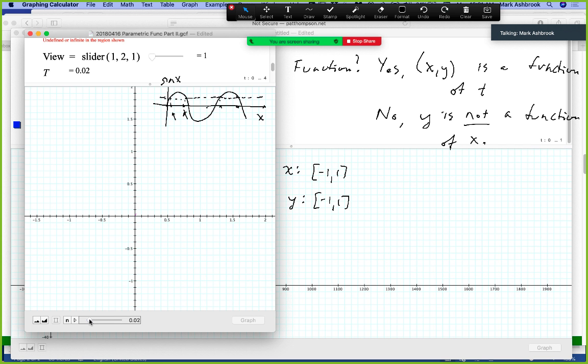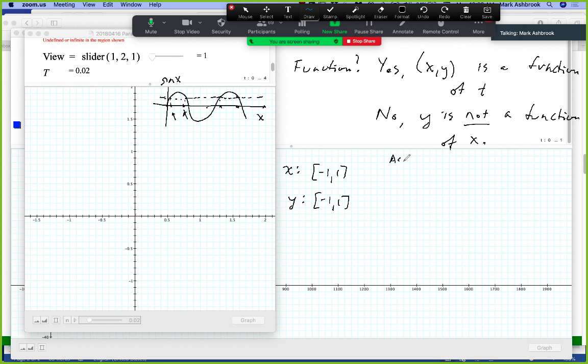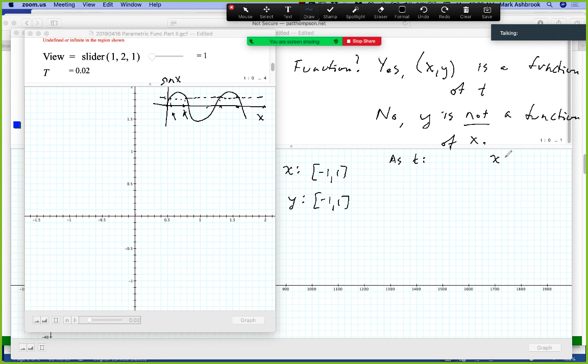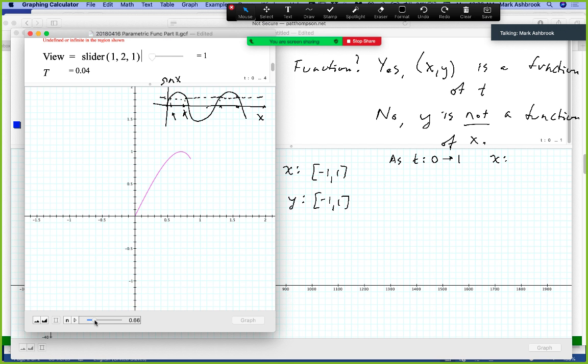Notice, when did x go from 0 to 1? So t ranges from 0 to 4. Let's see, as t goes from 0 to 1, what does x do? So here's t going from 0 to 1.